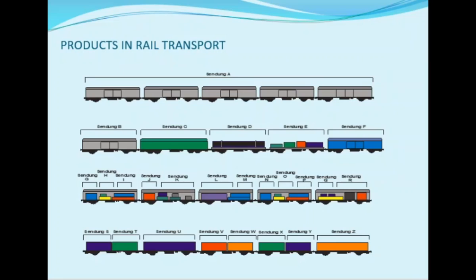There is no wedging here. There is no overloading here. They all fit into the wagons neatly. And the bottom one also shows flat cars, because they are 2-axled flat wagons, carrying different sorts of cargo. These are products in rail transport.